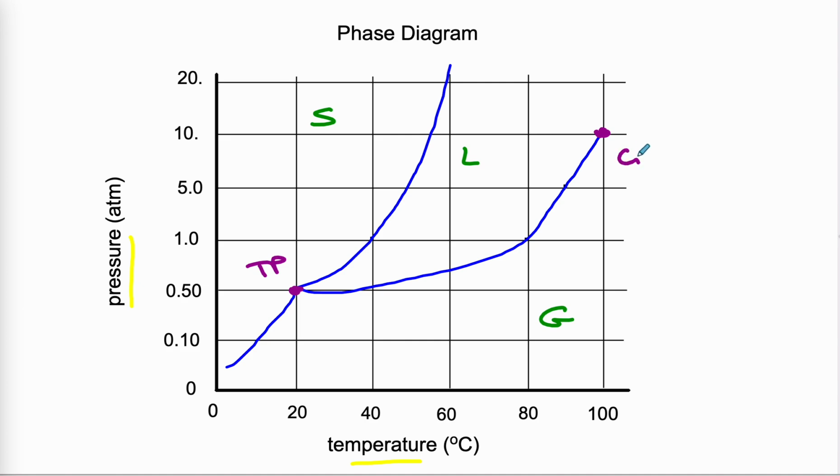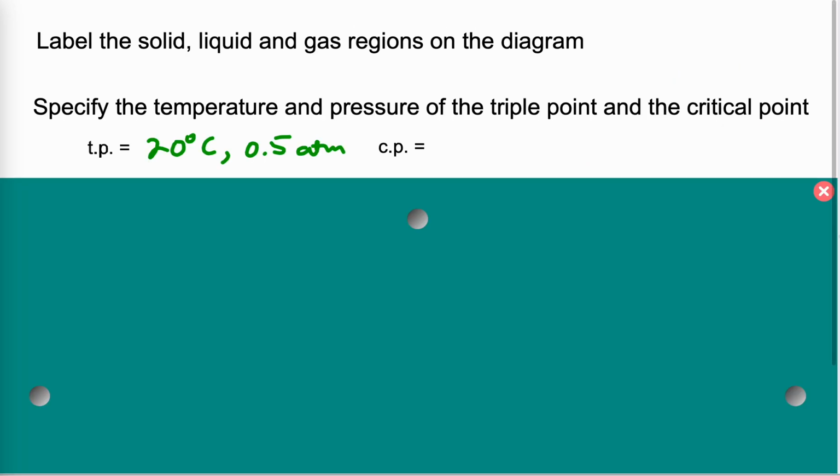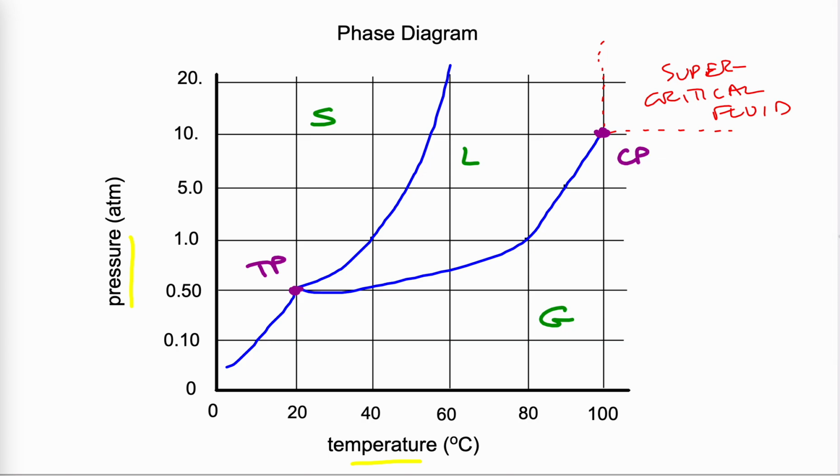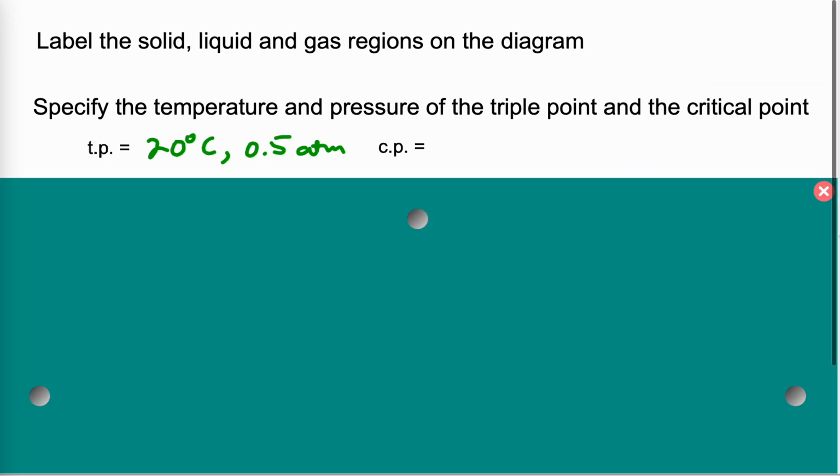That must be the critical point, and any temperature and pressure above the critical point corresponds to a supercritical fluid, which, as you'll see in class, is a fluid phase that has some properties of a liquid and some properties of a gas. Oh, and I forgot to record the temperature and pressure, so that would be 100 degrees Celsius and 10 atmospheres.